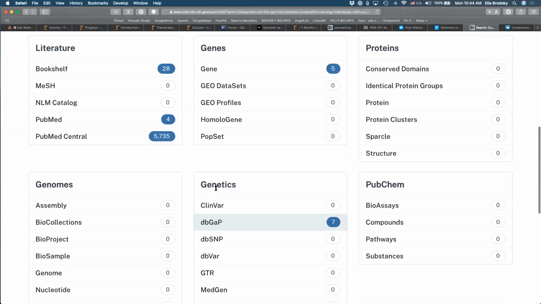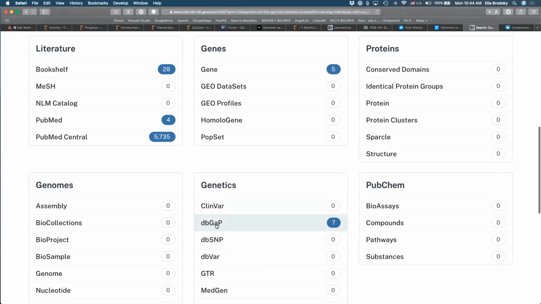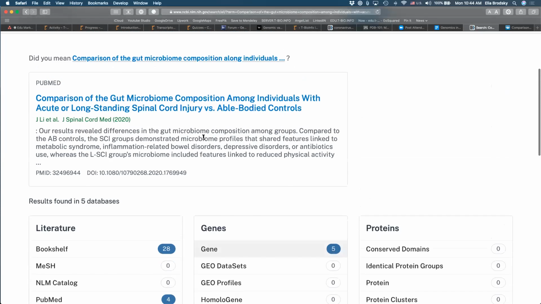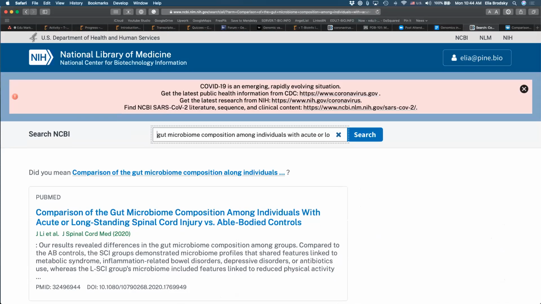So dbGaP, you need to ask for access because it's probably generated from specific patients. But if you're interested in this, you could probably look for gut microbiome and acute or just spinal cord injury.